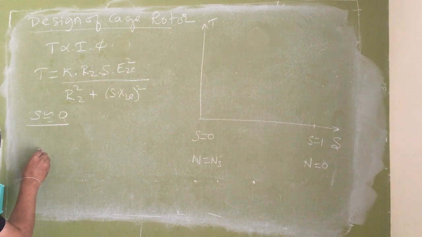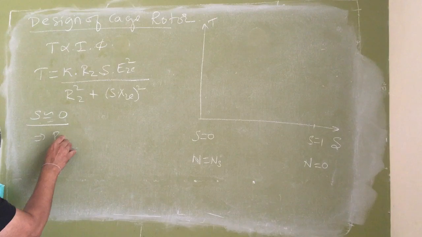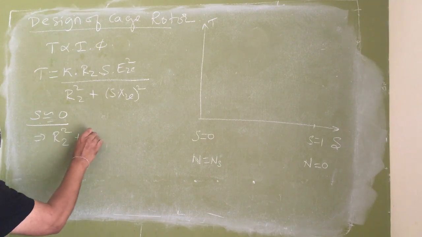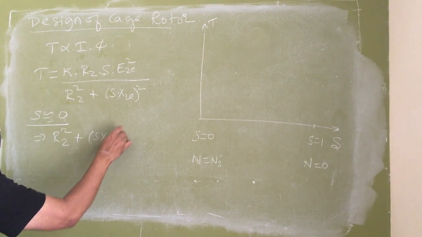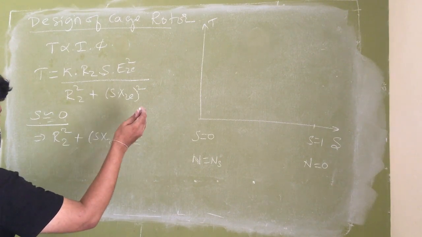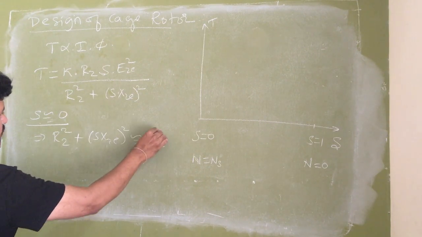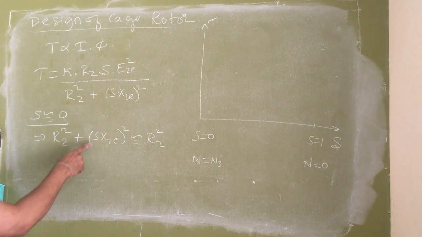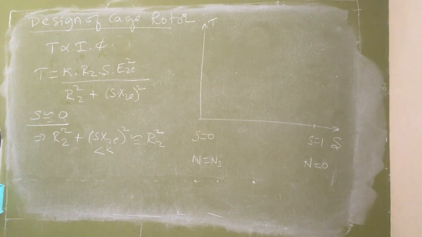S nearly equal to 0 implies R2 square plus S X2E square is almost equal to R2 square, because this is very small.